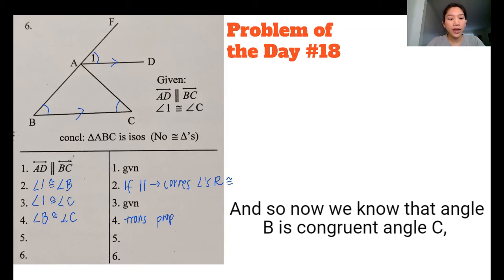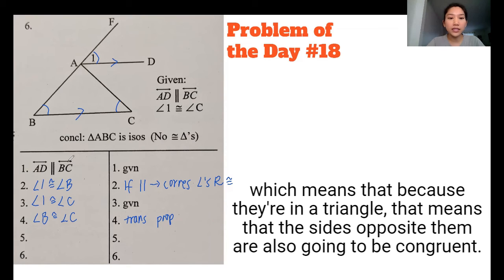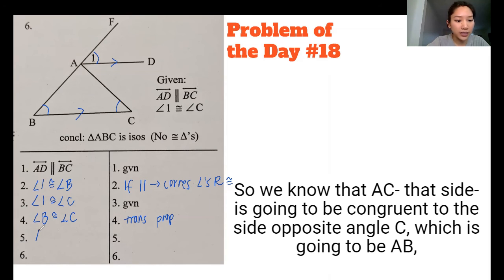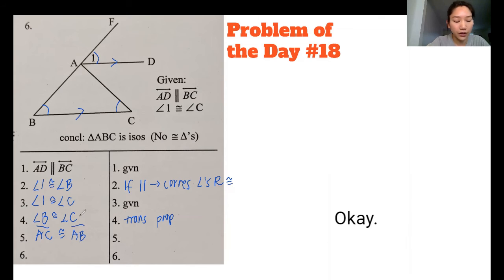Now we know that angle B is congruent to angle C, which means that because they're in a triangle, the sides opposite them are also going to be congruent. Opposite of angle B is side AC. So AC is congruent to the side opposite angle C, which is AB.